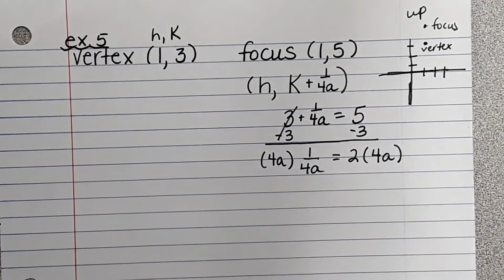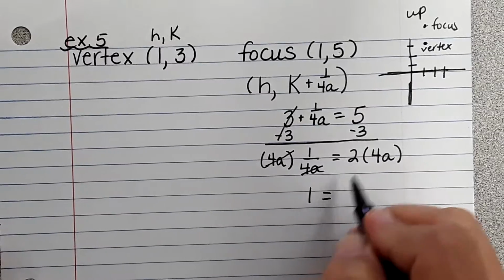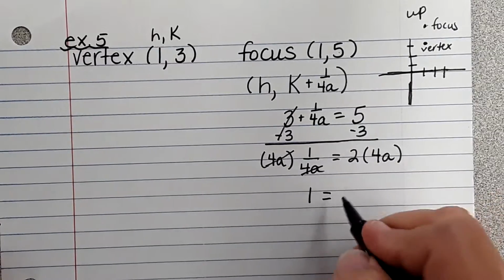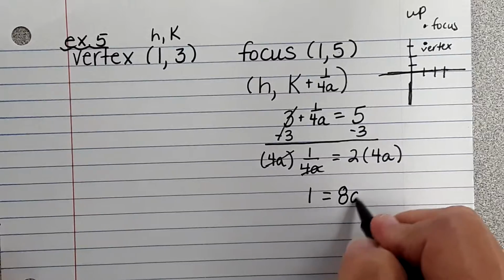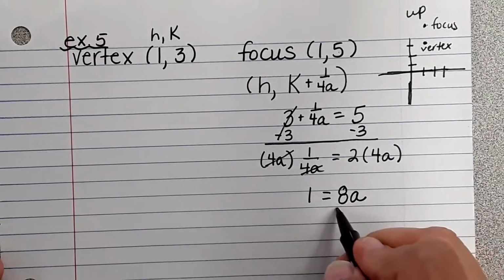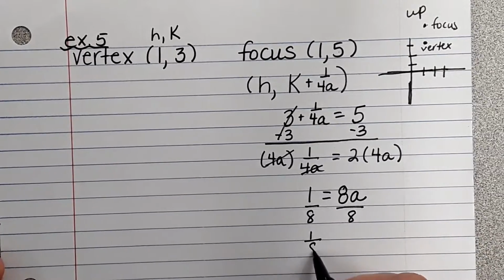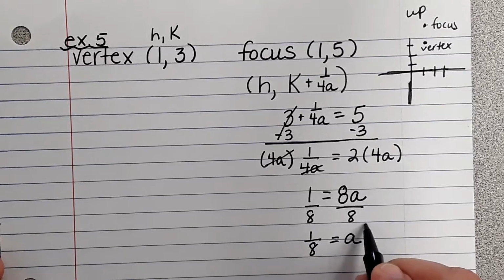And what is 2 times 4a? 8. Okay, and now what am I going to do? Divide by 8. And 1/8 equals a.